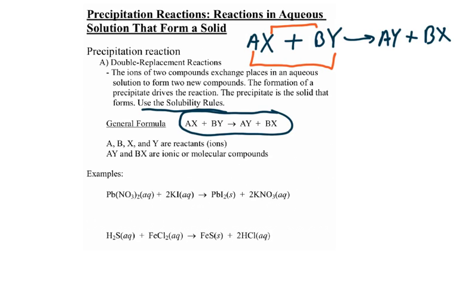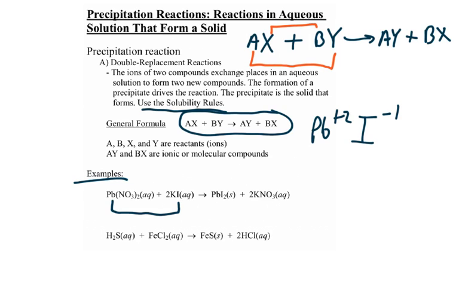Now, notice how in the first example, you'll see that lead and iodine are going to get together, forming PbI2, or lead(II) iodide. The way we got that is because lead is a +2 ion and iodine is -1.